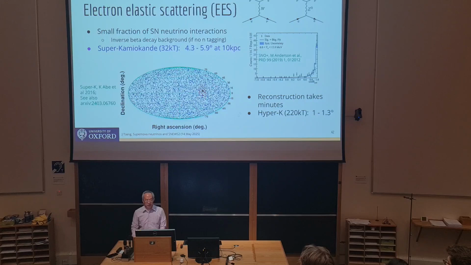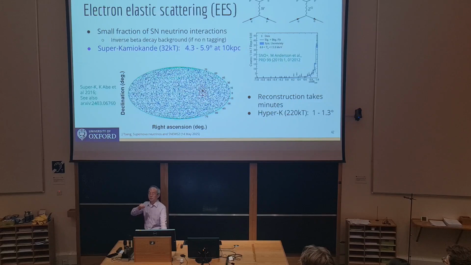This is what their map of events will look like, for a 10 kiloparsec supernova of 27 solar masses. The IBD events, the inverse beta decay events, don't give you any pointing information almost at all, so that's just a flat background. The electron elastic scattering will give you a little cluster of events going in one direction. It's about 1/10 of the events, and from that they are trying to infer the direction.